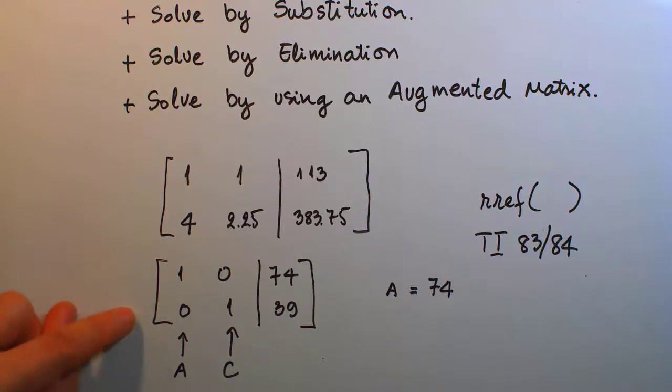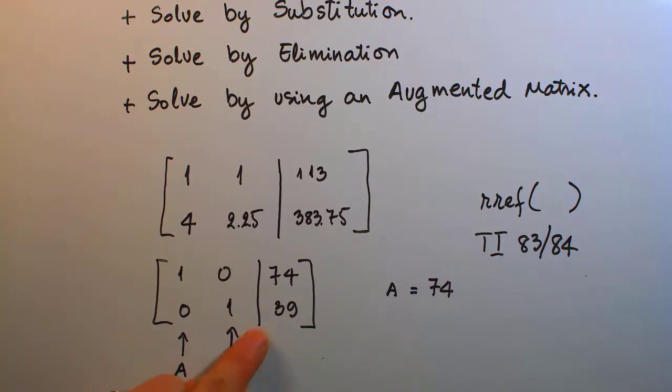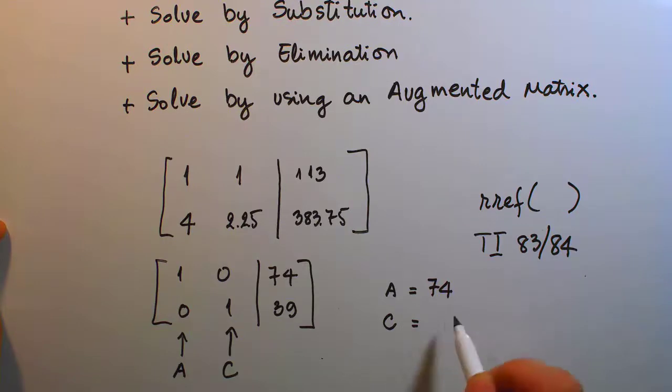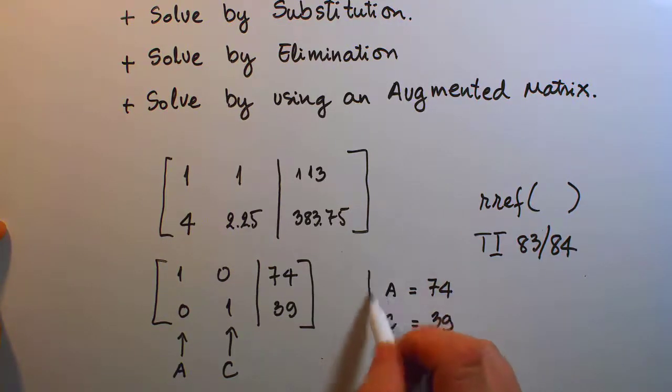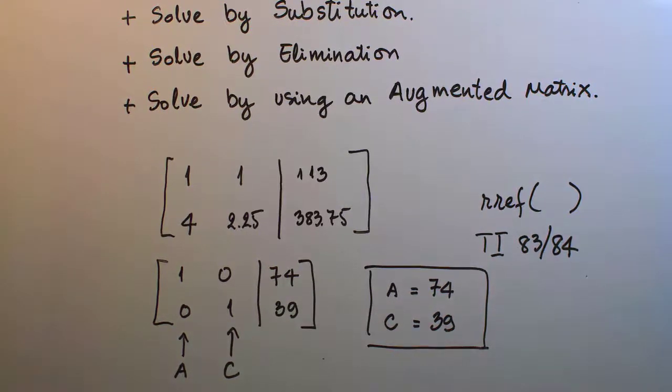The next row reads 0A plus 1C equals 39. So we concluded that C must equal 39. And this is how we have found our solution to the system of linear equations that we set up previously.